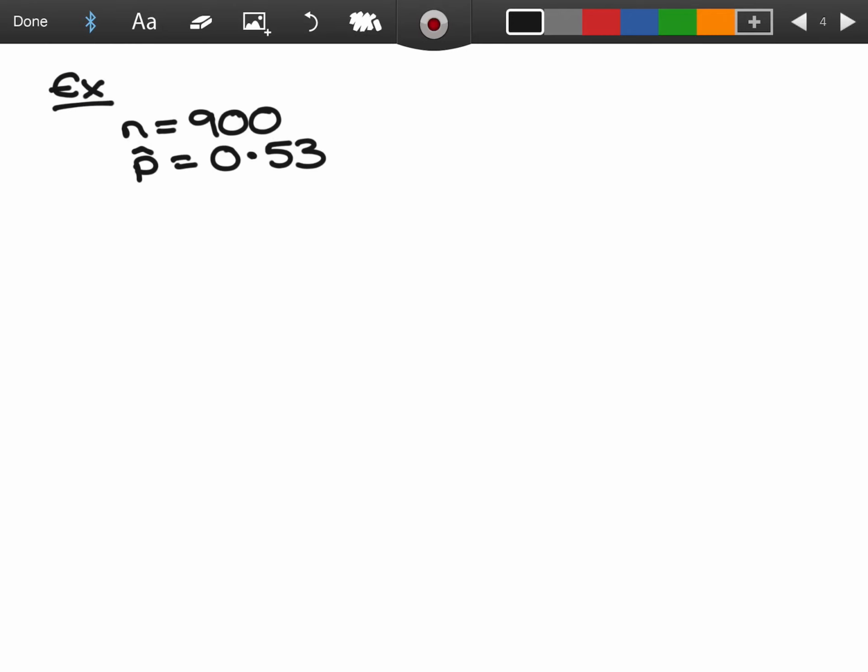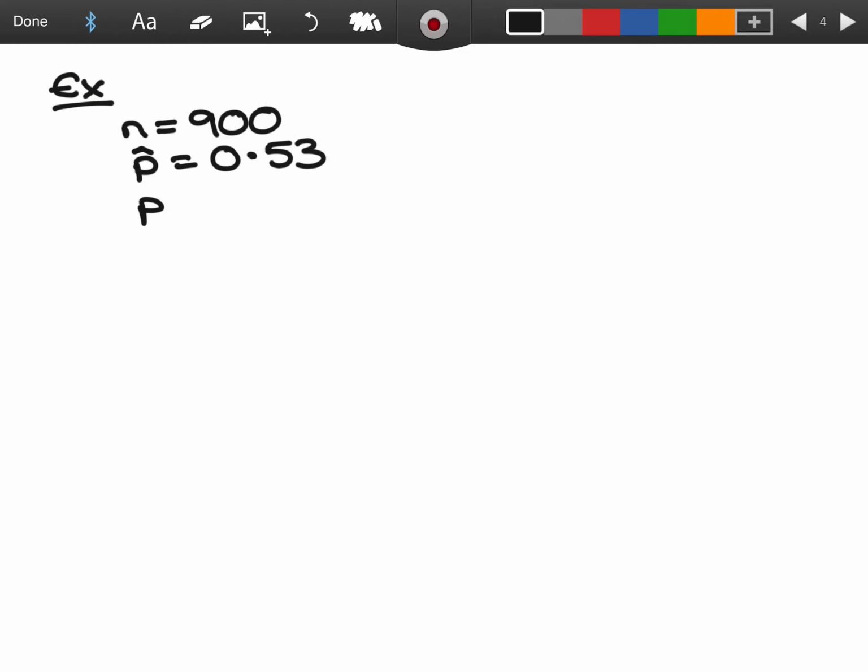A political analyst wants to test the claim that more than 49% favour the annexation. So this political analyst has said that normally you would get 49% favouring the annexation, but he wants to test whether more than 49% favour it, because he's looked at what's happened in this sample and thought that something else is different.